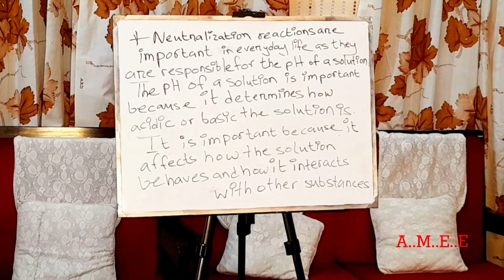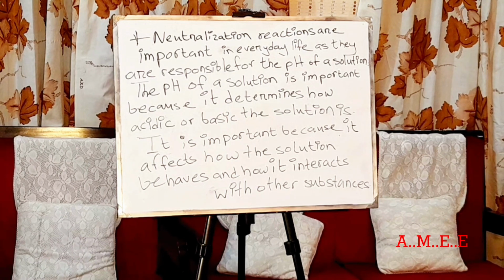Acid is a reagent for a basic solution, for an alkali. You cannot neutralize without an acid and an alkali. These two are supplements of each other, and incomplete without each other.